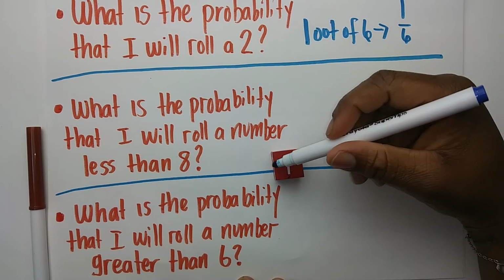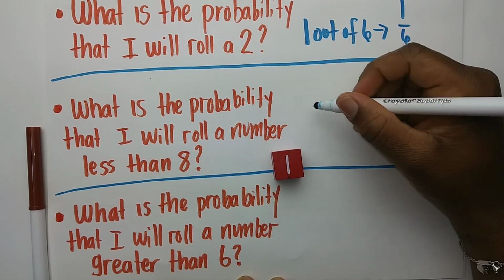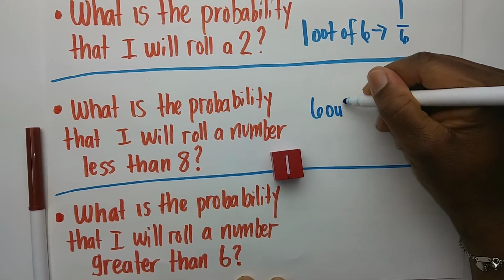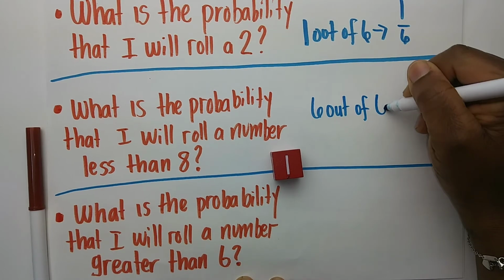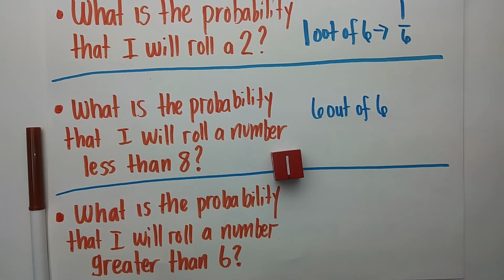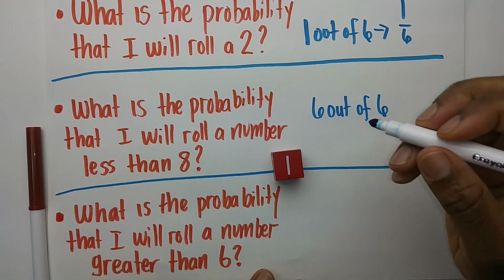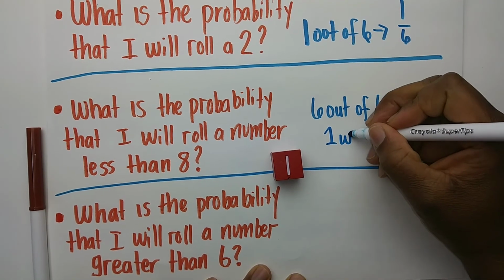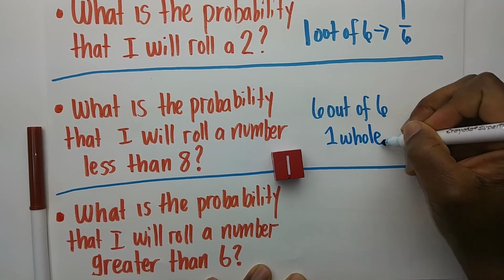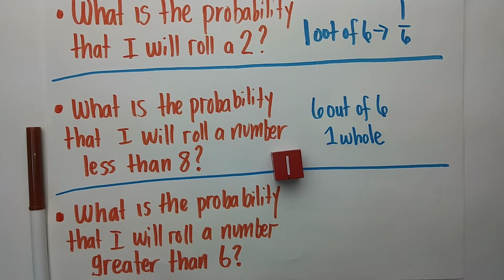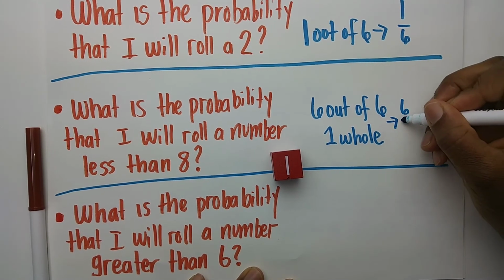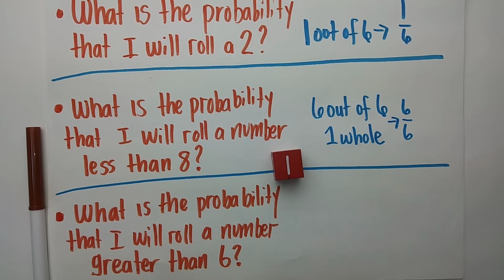So the probability is 6 out of 6. 6 out of 6 is actually 1 whole. As a fraction, it will be 6 out of 6.